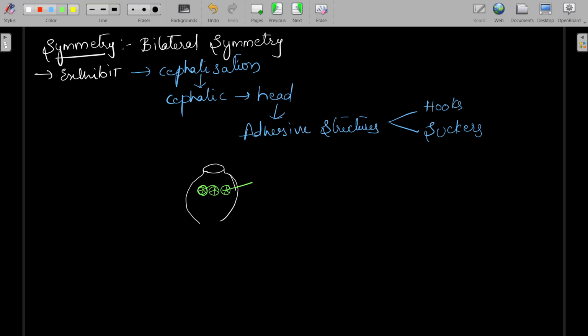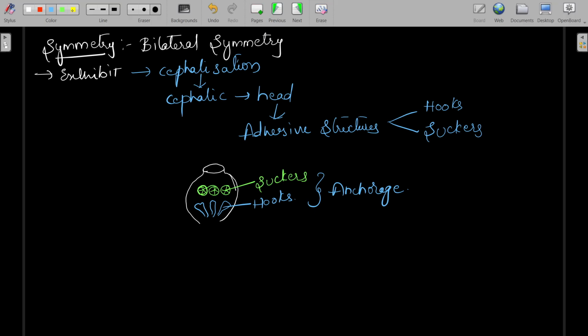These are suckers. Now let's draw the hooks. These are hooks. Both of these help in anchorage. Anchorage means to stick to the substratum. These suckers and hooks help in the anchorage or sticking to the substratum.